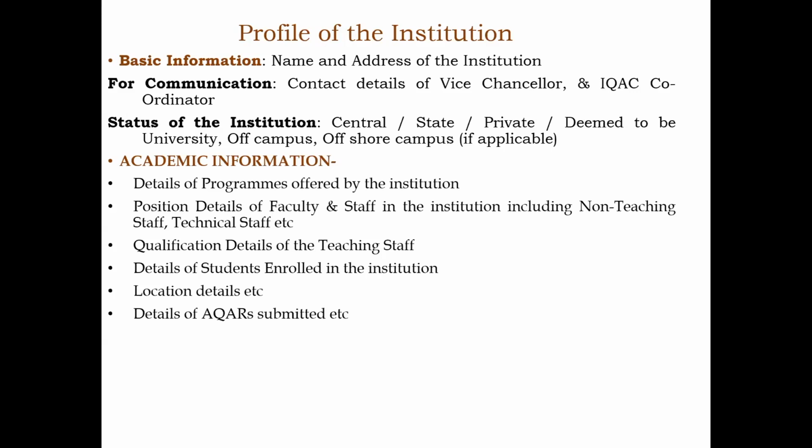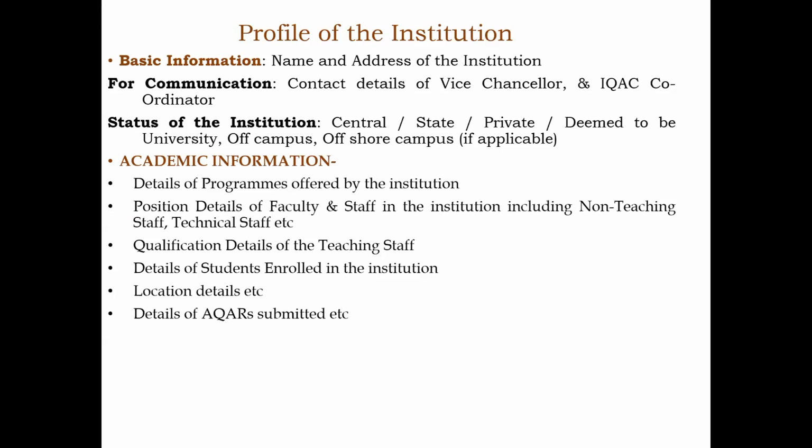The positions, that means the details of the faculty, total permanent staff, non-teaching staff, teaching staff, ad hoc, everything, all details have to be filled. The technical staff also, and qualifications, their PhD, postgraduate, MPhil, NET, all those qualification details are to be submitted. Details of all the students who are enrolled in different programs and the courses which are part of these programs.